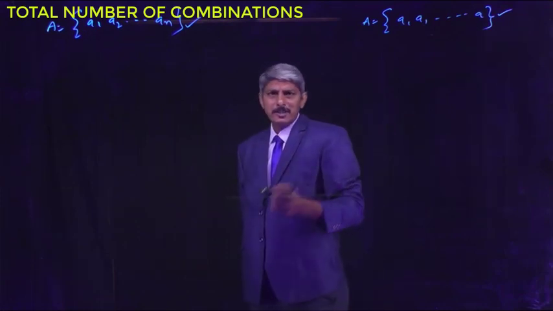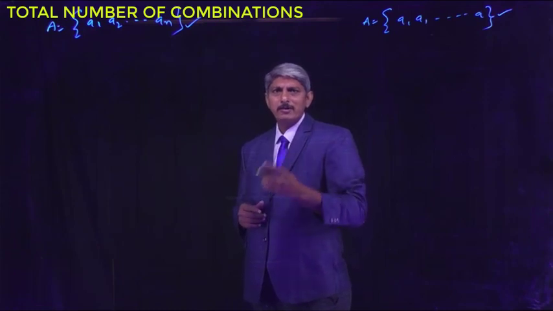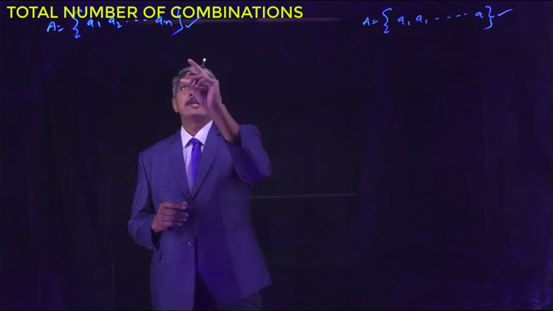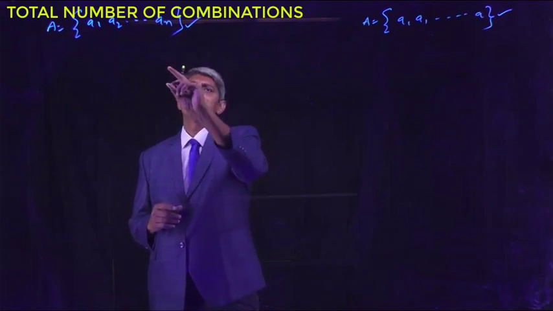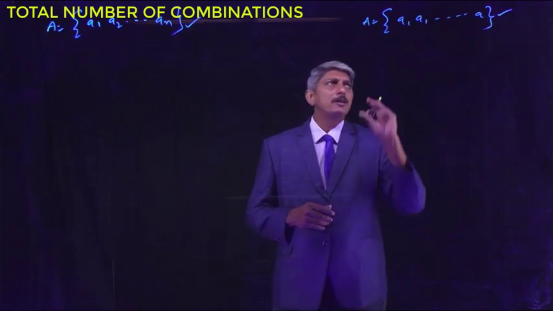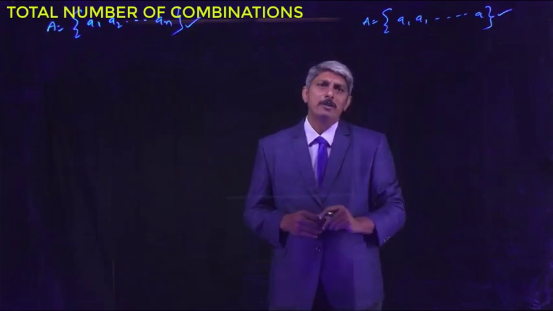So the previous case, the number of ways of selecting r objects out of n objects is NCr when n distinct objects. The number of ways of selecting r objects out of n like objects is only one way.